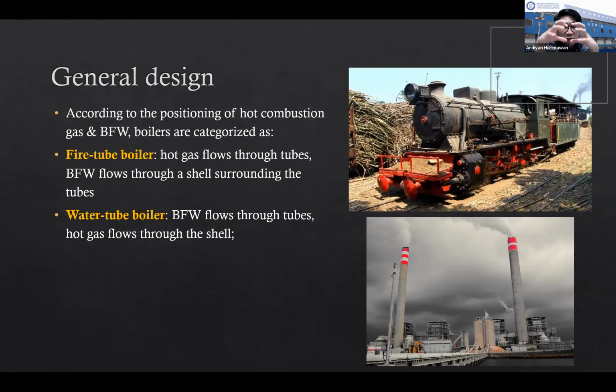You have learned about heat exchangers, right? I think Pak Hendra already explained heat exchangers to you, and one type is shell and tube. So basically, in a fire tube boiler, hot gas will be in the tube, the water will be in the shell. And the opposite, in a water tube boiler, the water will be in the tube and the hot gas will be in the shell. So this is the basic design of boilers.